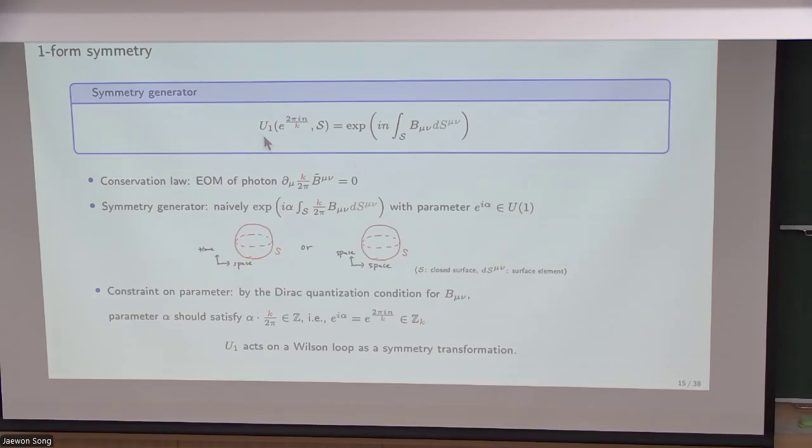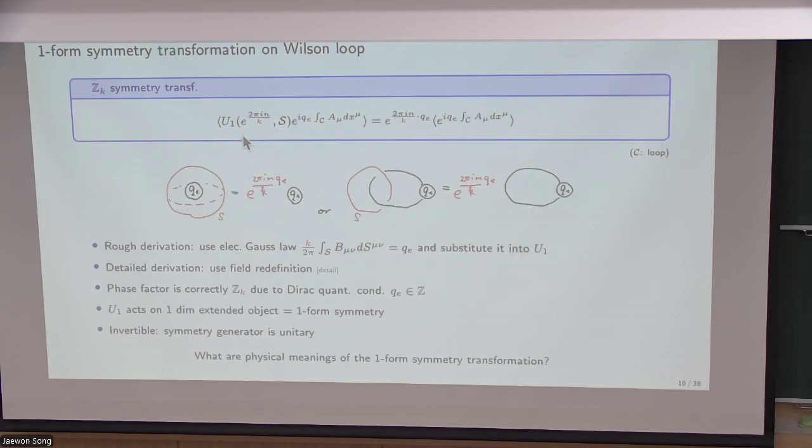Let me consider the action of the symmetry transformation generated by this U1 on the Wilson loop. In quantum field theory, the symmetry transformation can be written in terms of the correlation function. In the case of the one-form symmetry, the symmetry transformation is written like this.